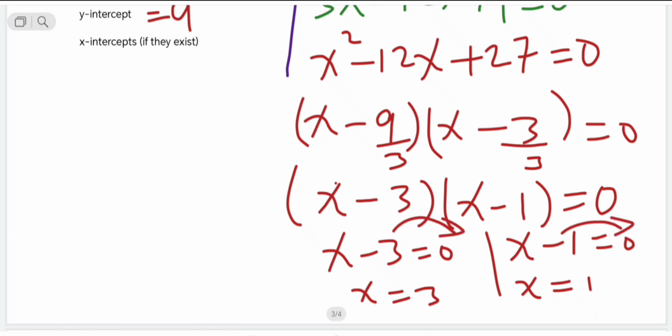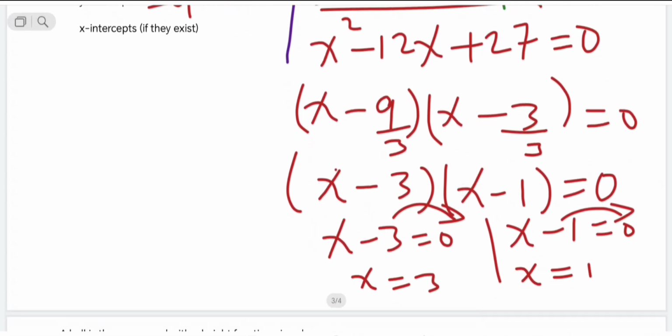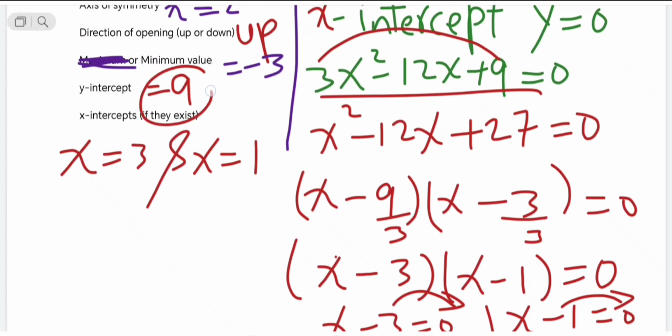You can also find this directly using a calculator for this quadratic equation. Okay. So the x-intercepts I found are x equals 3 and x equals 1. So it means the graph intersects the x-axis at 2 places and the y-axis at 1 place only.